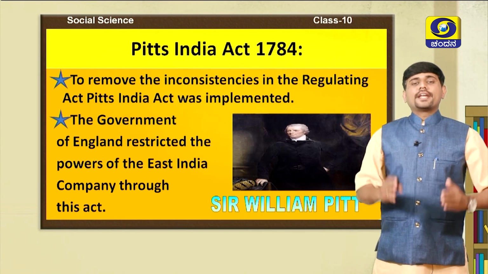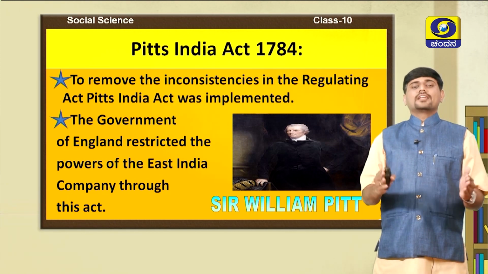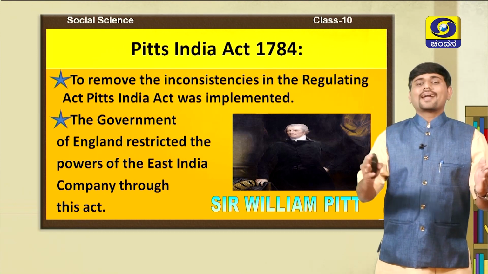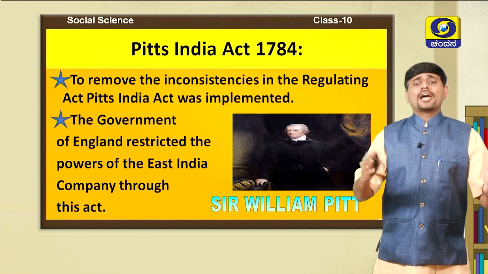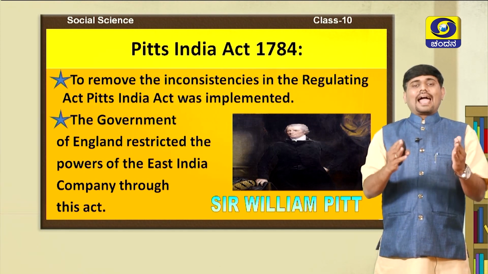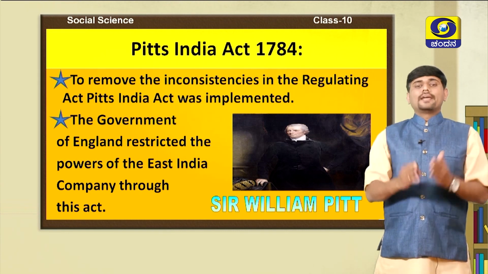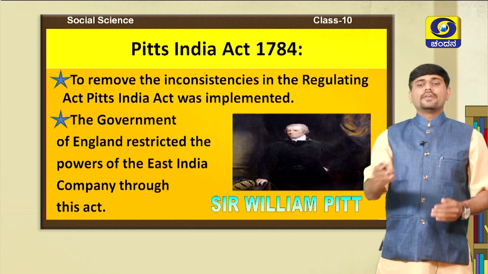Followed by the Regulating Act, let us study one more important constitutional development, and that is none other than Pitt's India Act of 1784. Dear students, why do they call it Pitt's India Act? There is a reason. Because the act was introduced by the then Prime Minister of Britain, none other than Sir William Pitt.